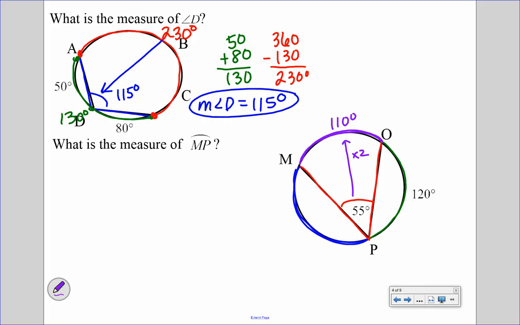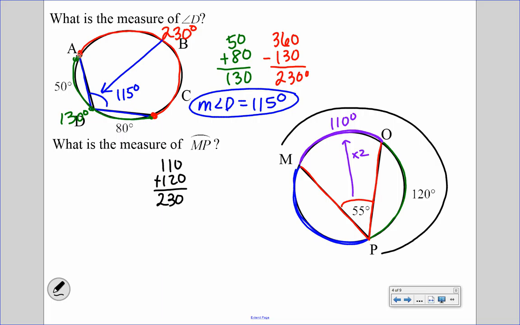All right, so sometimes you kind of have to look at what you have and use what you have. If you have an inscribed angle, you multiply by 2 and you get that arc. Now what I notice is that I have 110 degrees, I have 120 degrees, and I'm going to add those up. 110 plus 120, and I get 230. So this whole piece of this circle is 230.